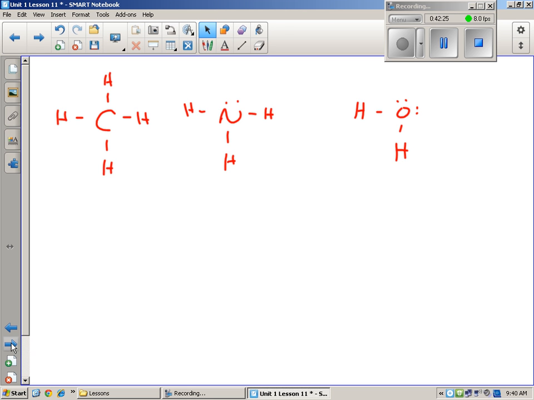Yes? Okay. This one, of course, is AX4. This one is AX3E. So is there 4 things around the central atom there? Yes.